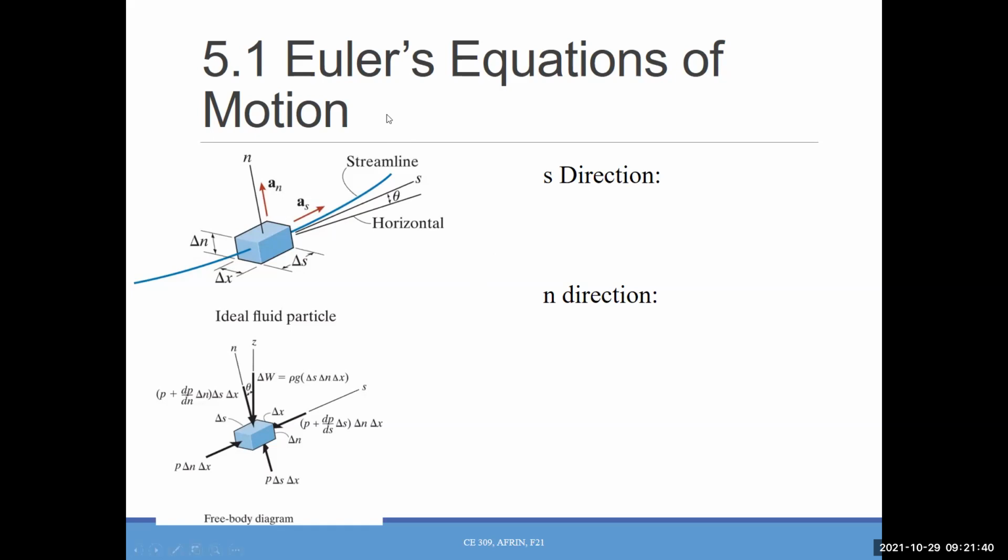Okay. So to do that, this is a fluid particle, and you know a little bit about the streamline. The streamline is a line on which every particle has a velocity adjacent to this line. That means if we have a particle here, it will have the velocity adjacent to that line. Okay. Now, for any particle, we can have two directions.